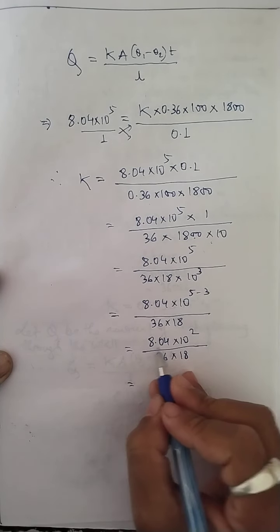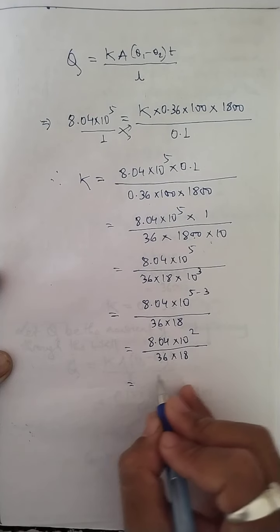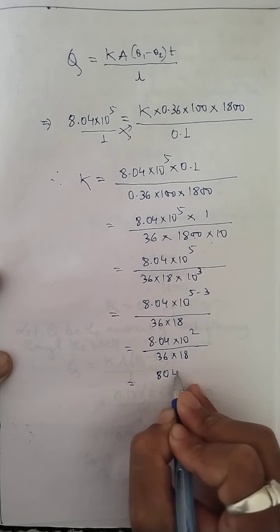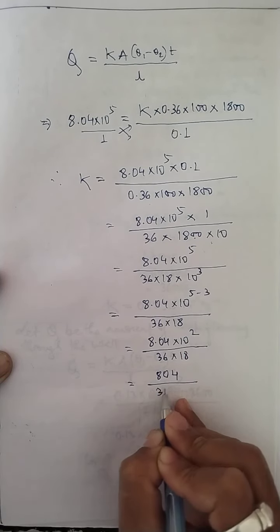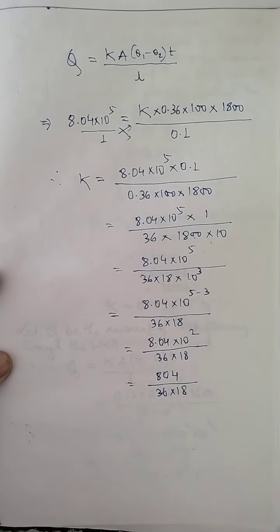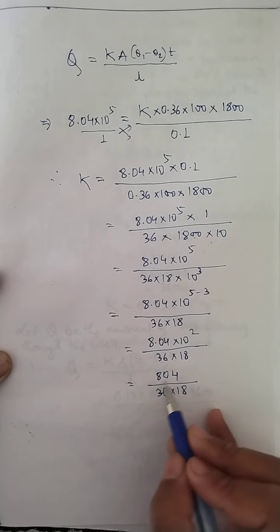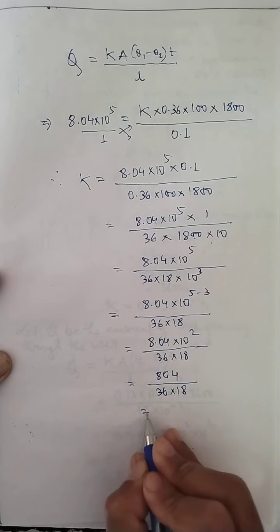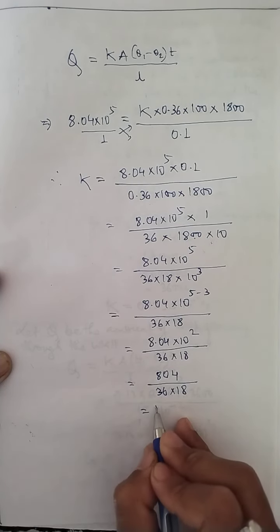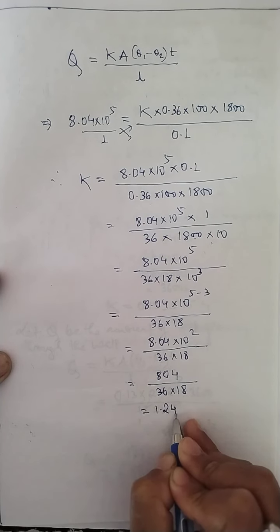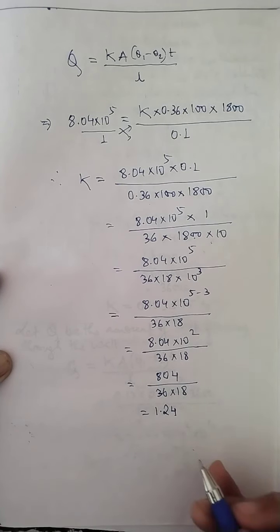Now 8.04 into 10 to the power 2 means 100 times, so if you multiply, it is 804 by 36 into 18. Children, you can multiply 36 into 18, and whatever you get, divide 804 by it, and you get approximately 1.24. You can check it with the help of a calculator.